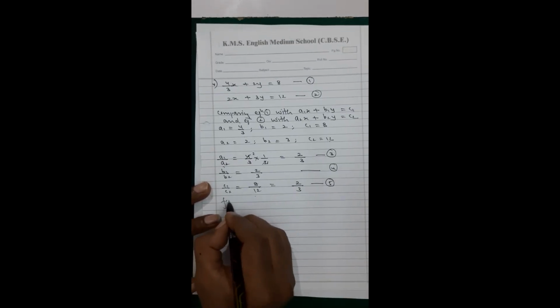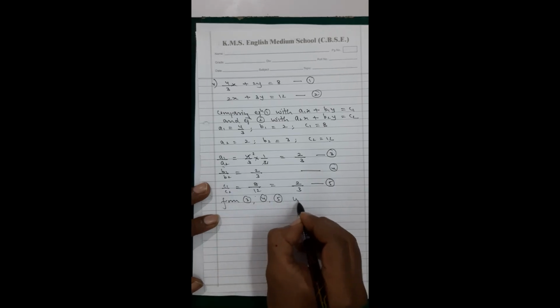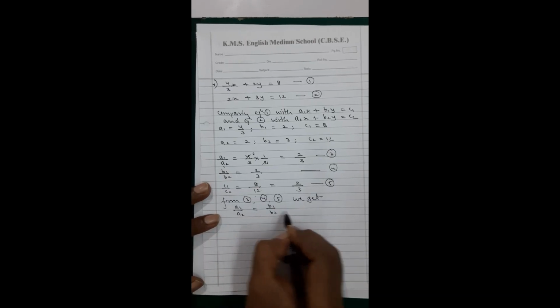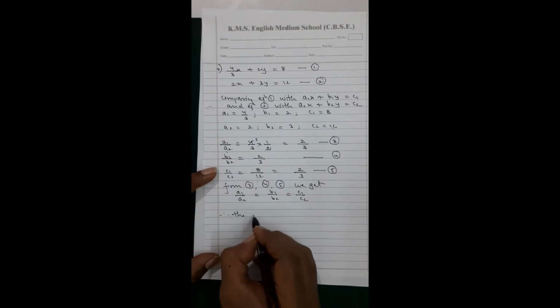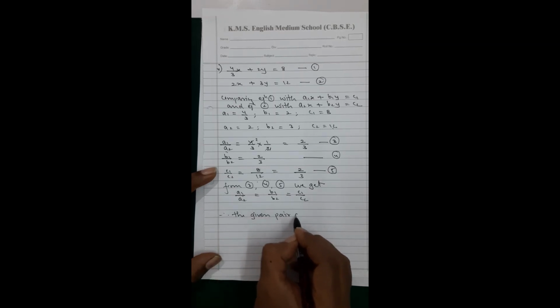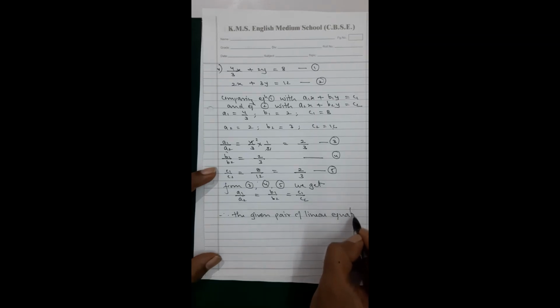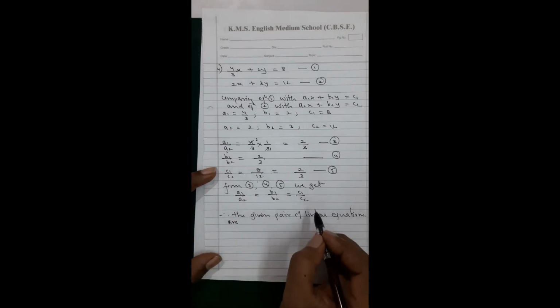So what do we get? a1 upon a2 is equal to b1 upon b2 is equal to c1 upon c2. They all are equal. Therefore, the given pair of linear equations, they all are equal.